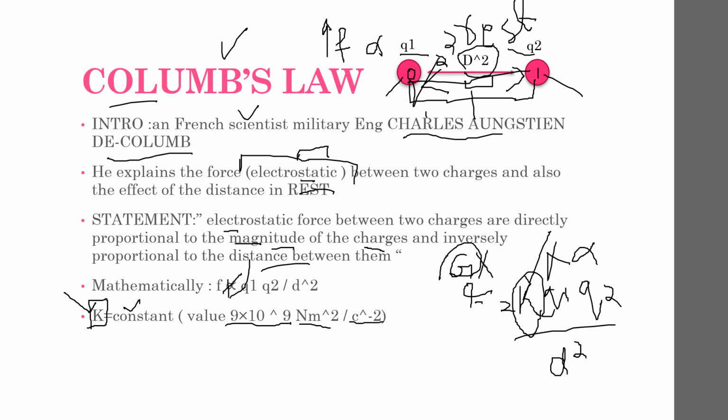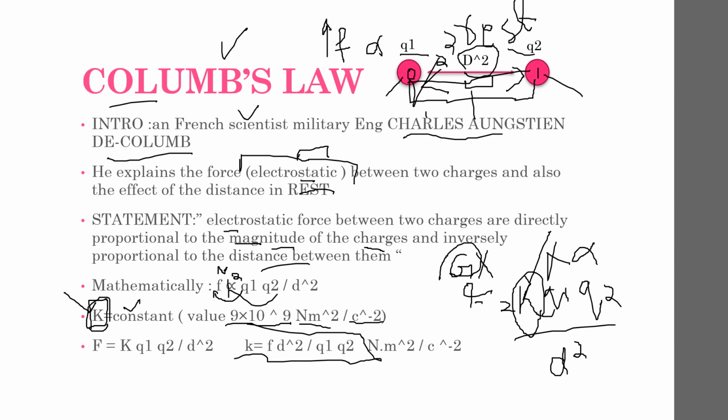Now we are finding the unit of K, so we take the constant on one side and the force on the other. Just focus on this: K is equal to F d square divided by Q1 Q2.